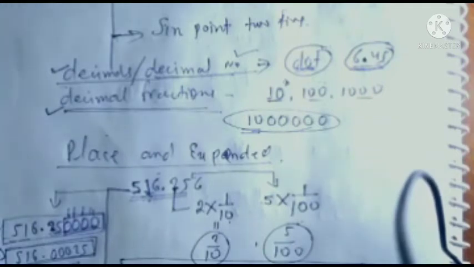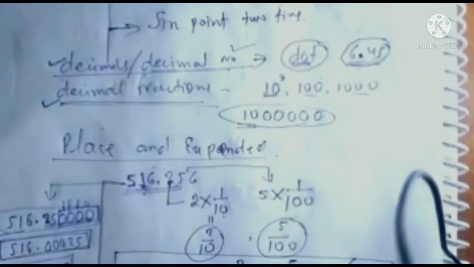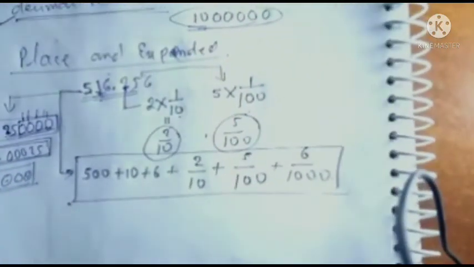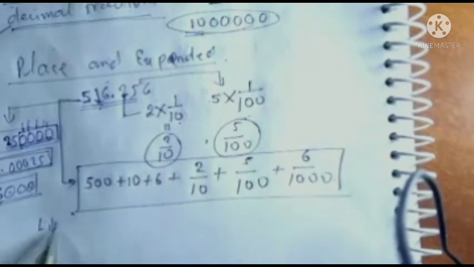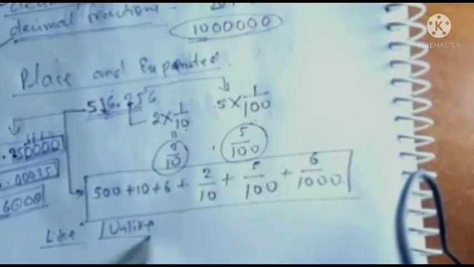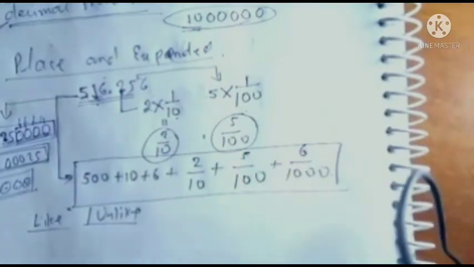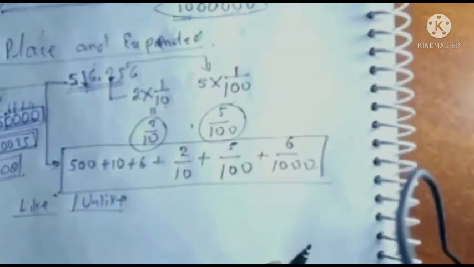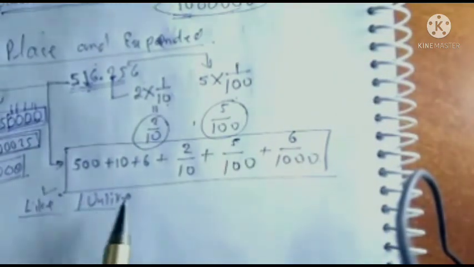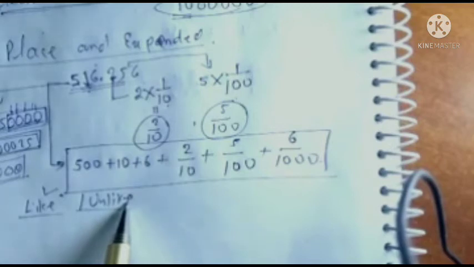Okay students, in the next point we will discuss like decimals and unlike decimals. What are like decimals and unlike decimals? You already know about like fractions and unlike fractions. What are like fractions? Fractions whose denominators are the same are called like fractions, and fractions whose denominators are different are called unlike fractions.